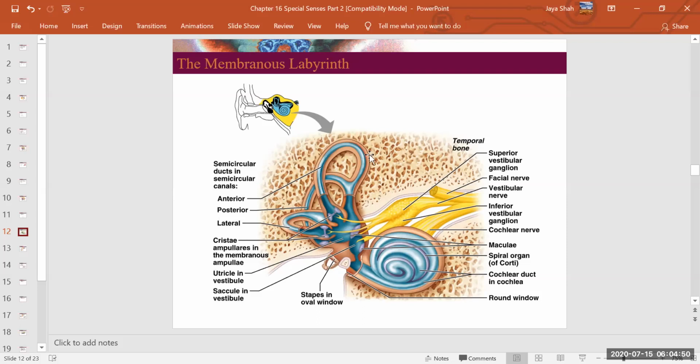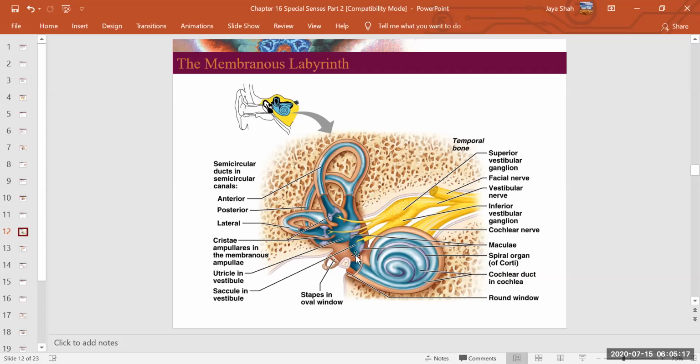See the outer wall, the bony labyrinth, and then this green one is the perilymph, and the membranous labyrinth in every area. So this is the cochlear duct, the part of the membranous labyrinth in the cochlea.